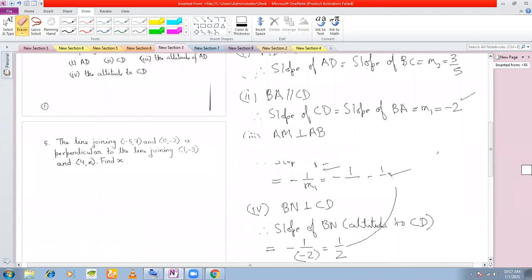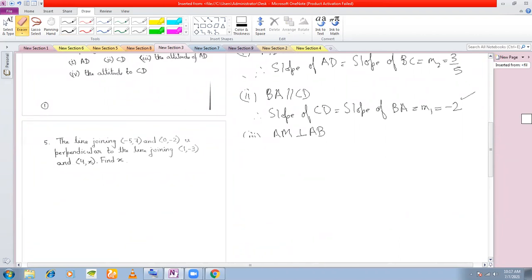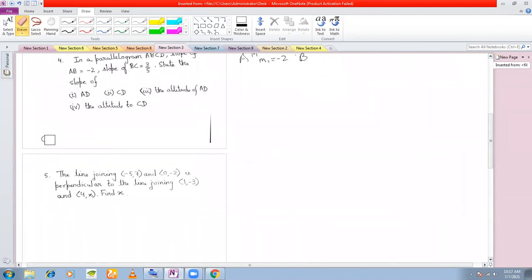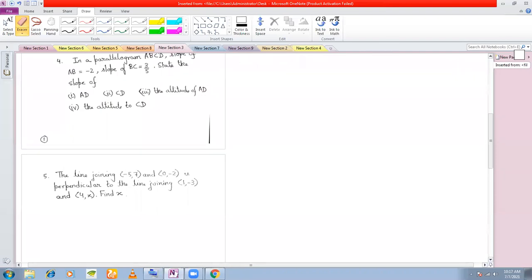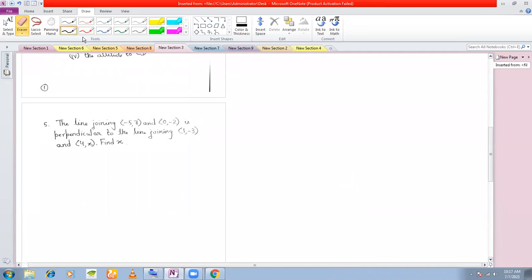Moving on to the last problem from this set. Number 5. The question here is the line joining -5, 7 and 0, -2.